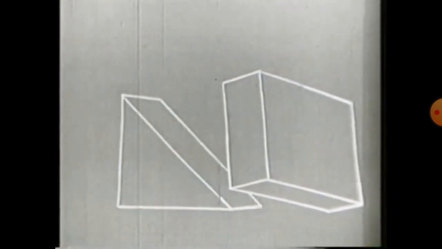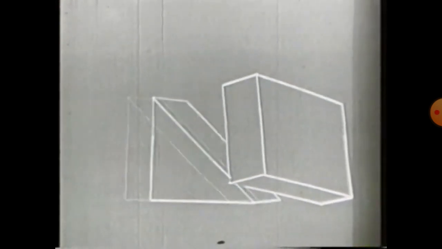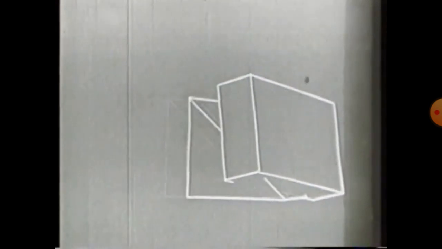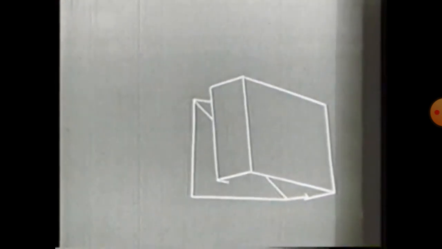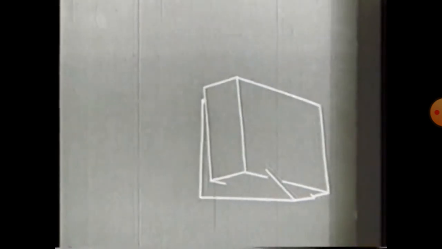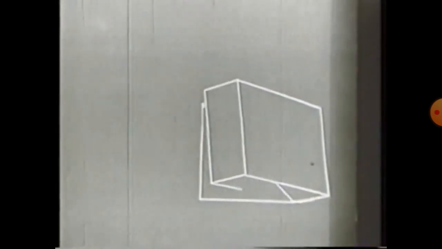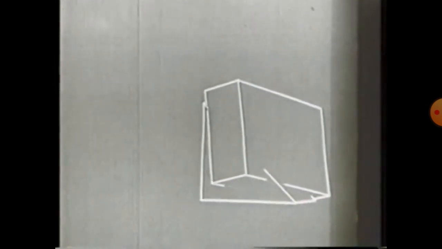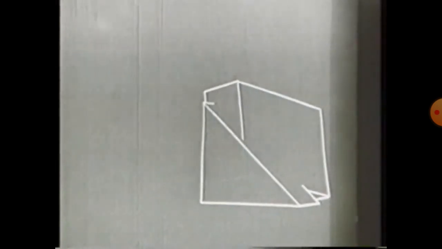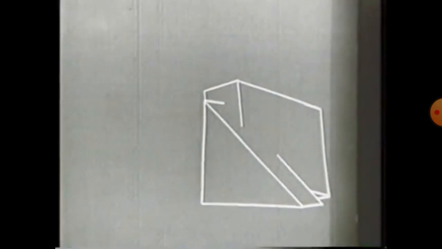As I move the wedge around in space, you'll see that it goes behind the solid and through it. And the computer figures out where the lines should appear and where the intersection is. You get the feeling of three-dimensional space here very dramatically, as though this were a window and a fore area and a behind area. Right. Now, as this comes out through the other object, you see that it indeed intersects it.